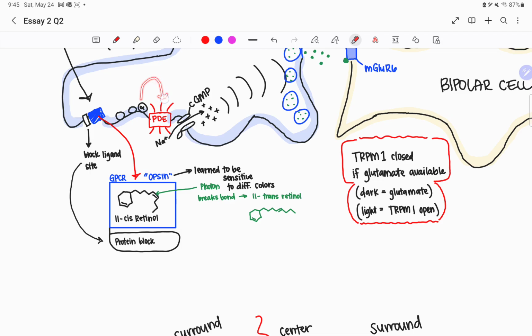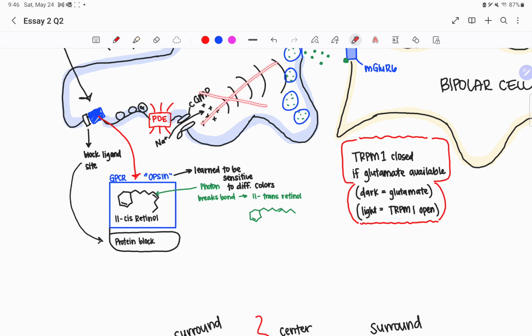This alpha subunit pops off, and it activates what's called PDE, or phosphodiesterase. Now, phosphodiesterase breaks up cyclic GMP. Okay, so it gets rid of cyclic GMP. Totally breaks it off. Now, cyclic GMP is what's keeping this channel open. So when cyclic GMP gets broken up, this channel is now blocked.